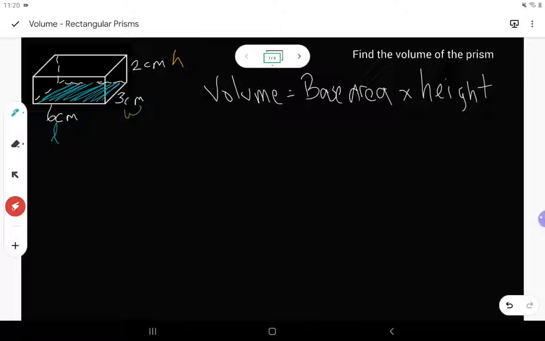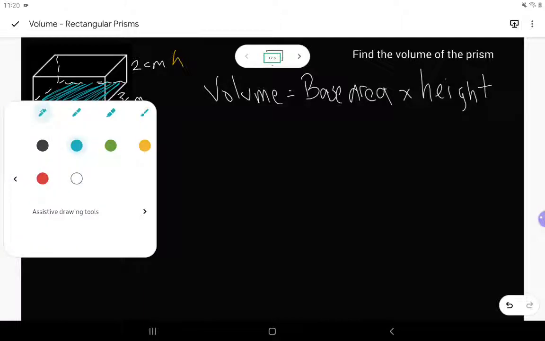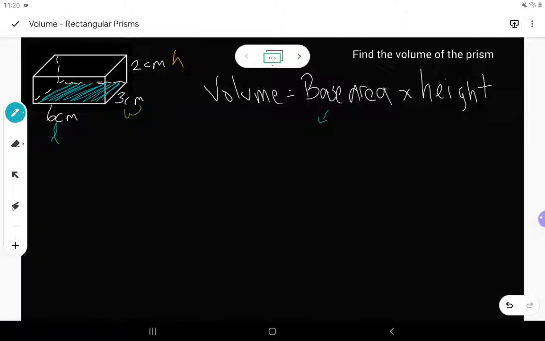And this rectangle is made up of the length and the width in the rectangular prism. So my base area is really the area of a rectangle, and in my rectangular prism, my base has to be a rectangle.